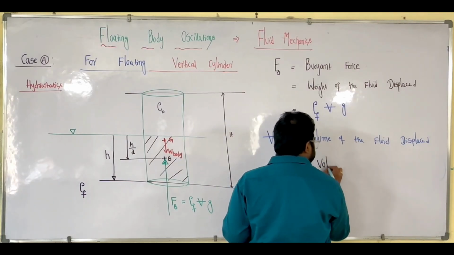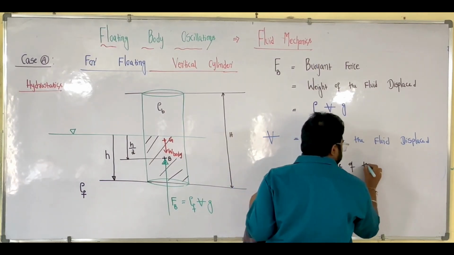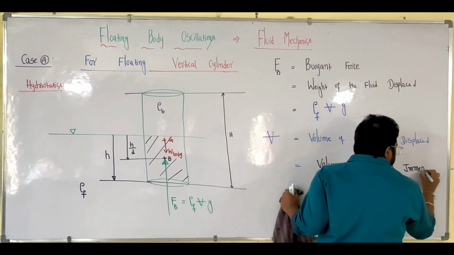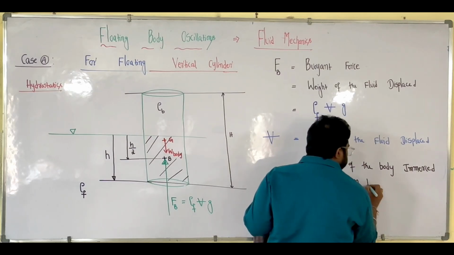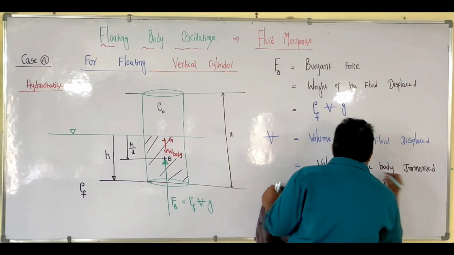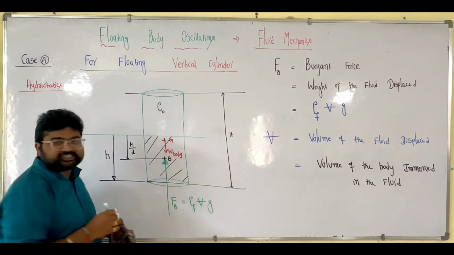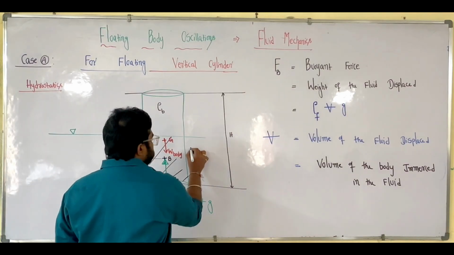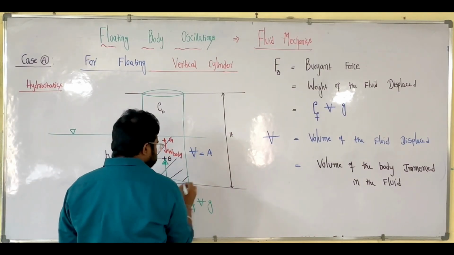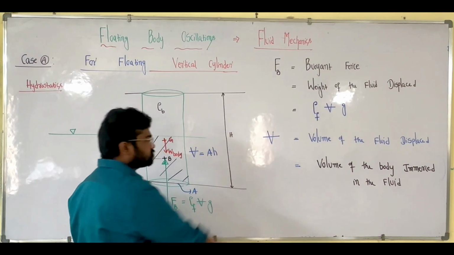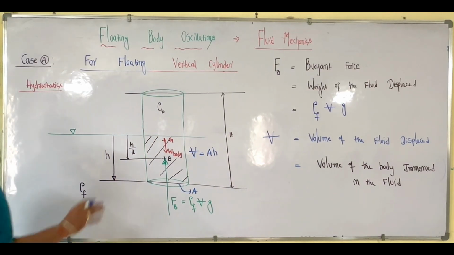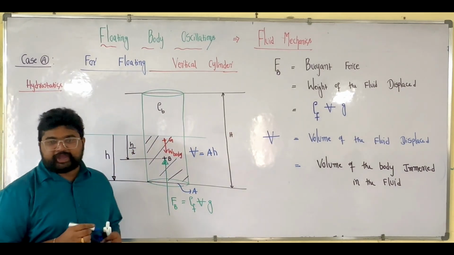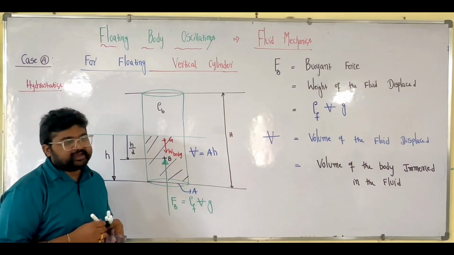Volume of the shaded portion is what? This area will be A into small h. Whatever the volume of the body immersed in the fluid, the same volume of the fluid will be displaced.